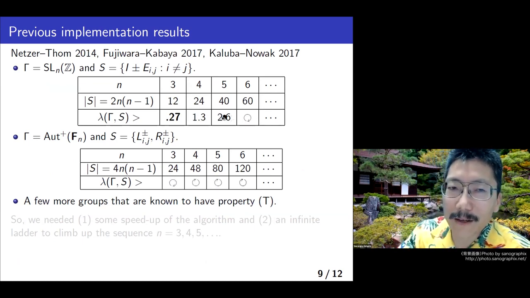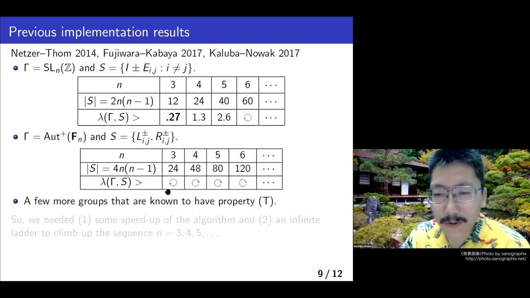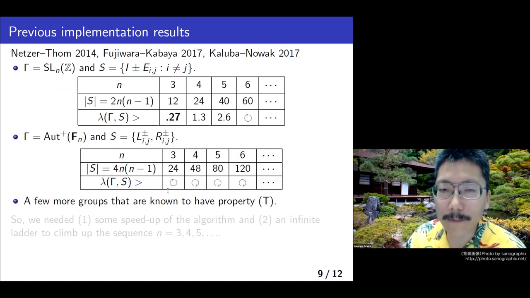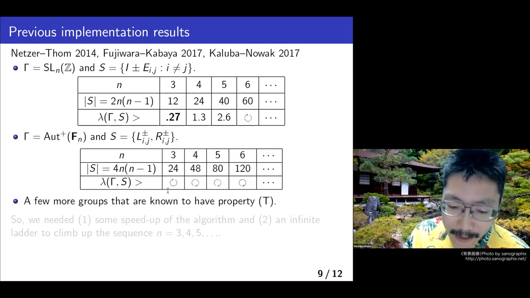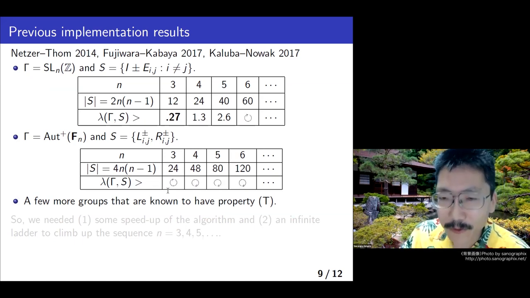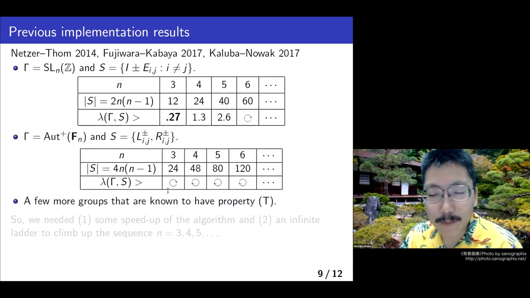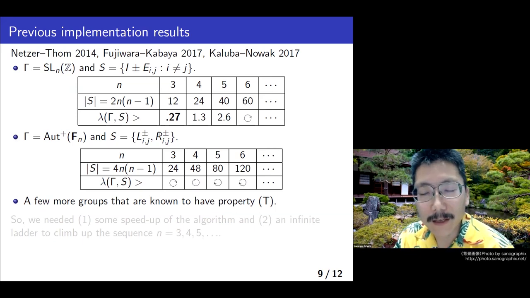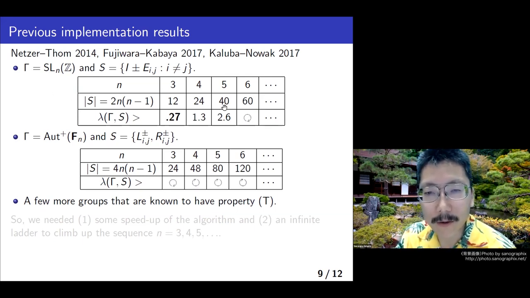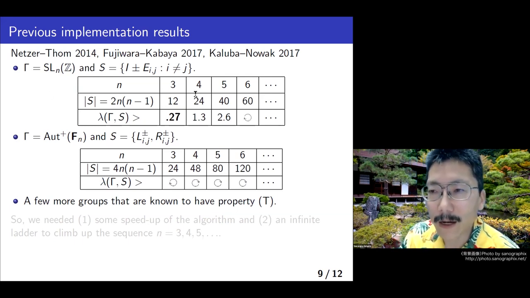So this is really the point that this work is essential to implement something. First of all, the size of the ball of radius 2 is barely the minimum required, and it was surprising that you can see property T on SLNZ on the ball of radius 2.